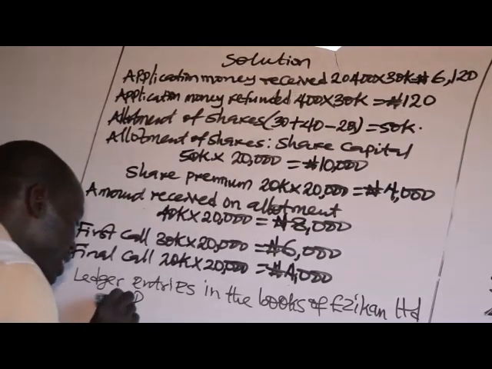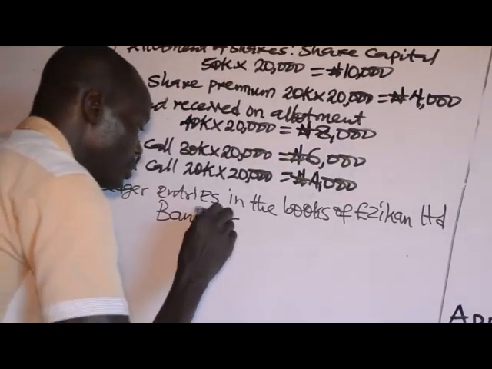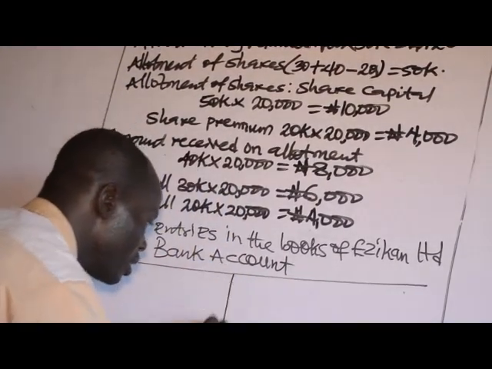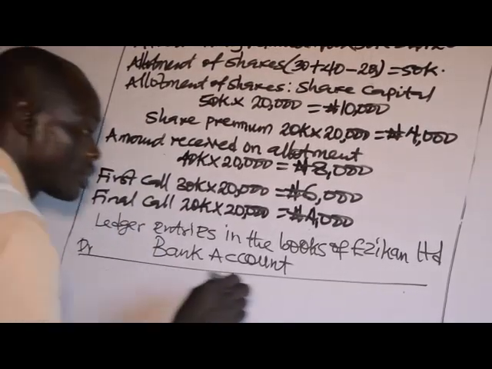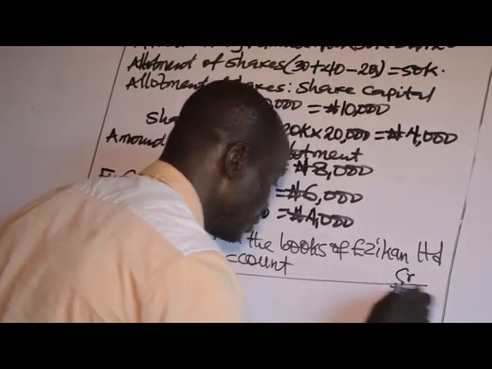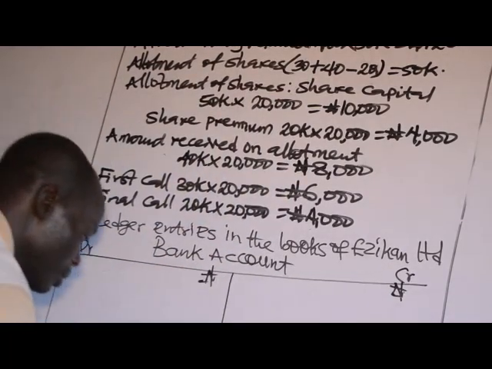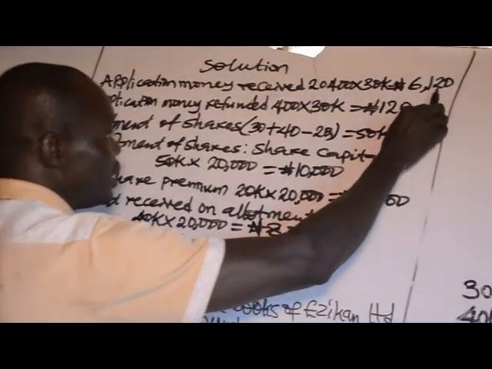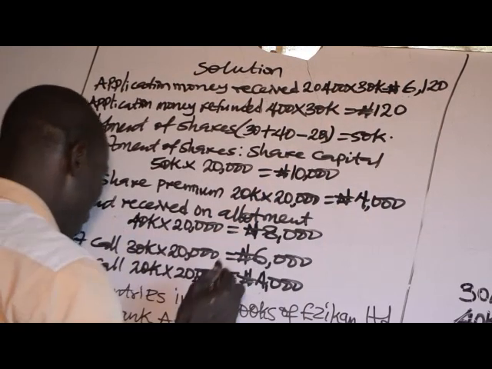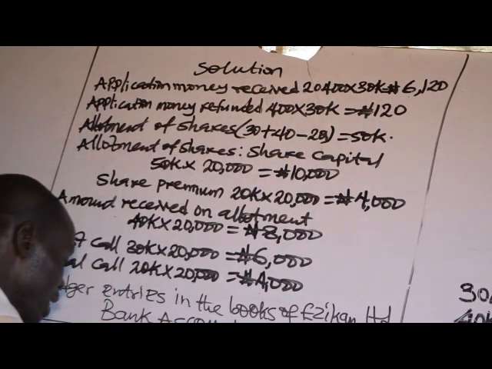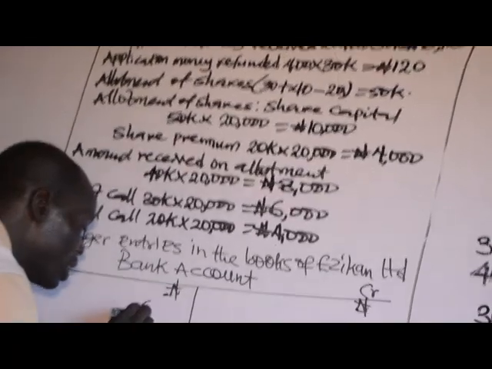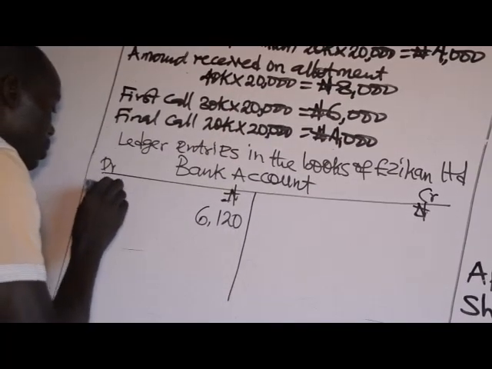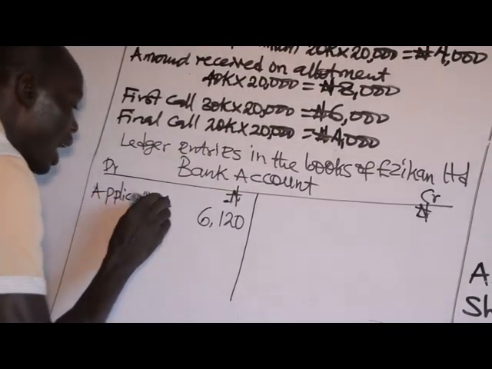So we open the bank account. You have the debit side and the credit side. The sum of 6,120 naira was received on application. So the company is receiving that through their bank account. So you debit the bank account 6,120 and you credit application and allotment account.